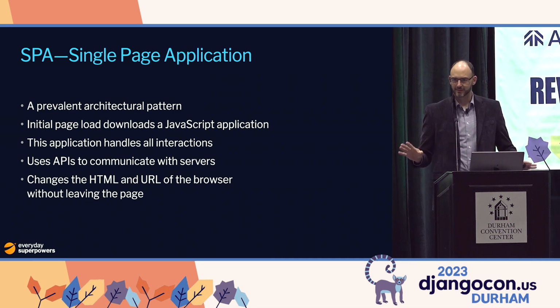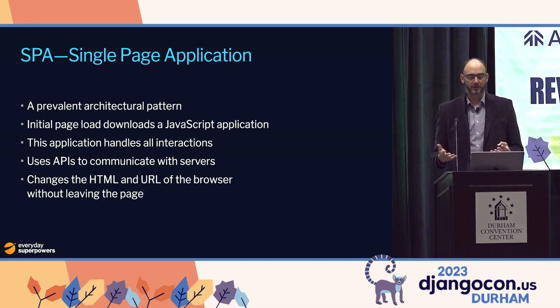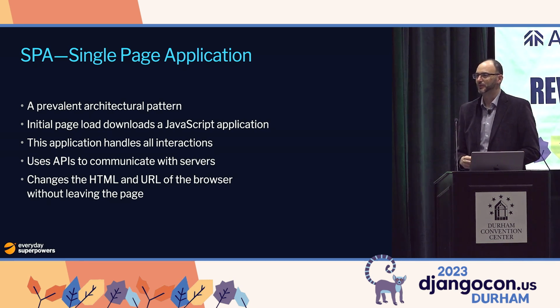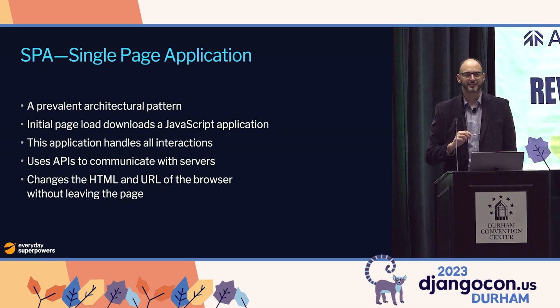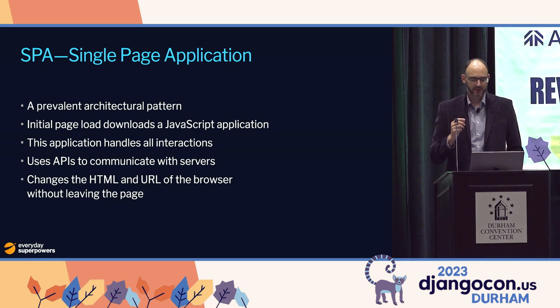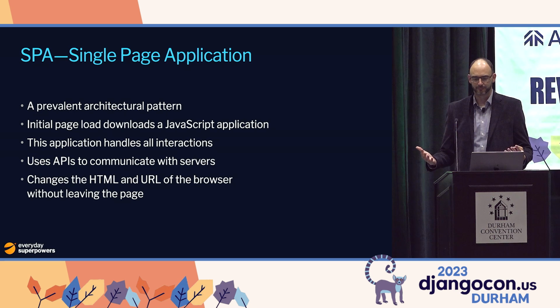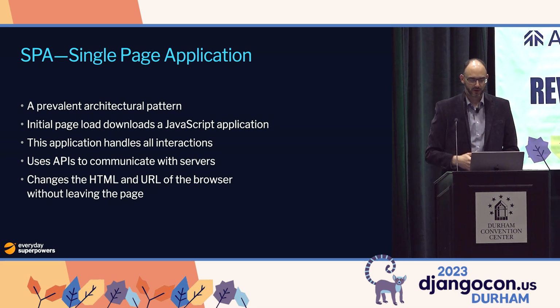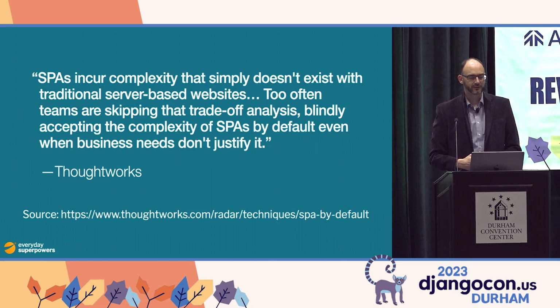Now, this talk is not about how bad single-page applications are. They are great for their use cases. A wonderful example is Gmail. I've talked to many people who think Gmail is the best email application out there. It just happens to live in a web browser. But there is a concern across the industry about the overuse of the SPA pattern. For example, the large consultancy ThoughtWorks once said, SPAs incur complexity that simply doesn't exist with traditional server-based websites.